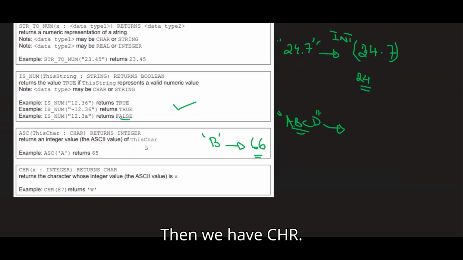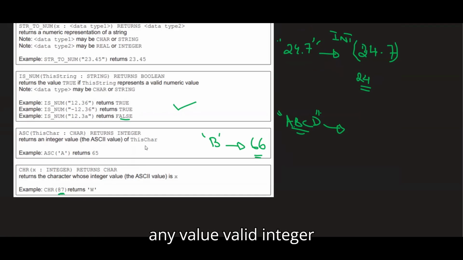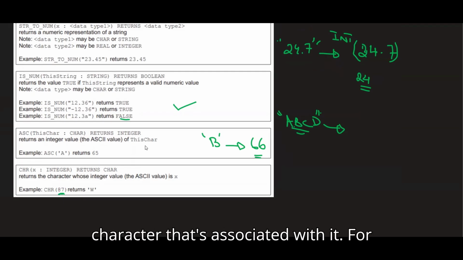Then we have CHR. The CHR function is the opposite of ASC. For example, if I pass any valid integer number through CHR, it will give me the character that's associated with it.